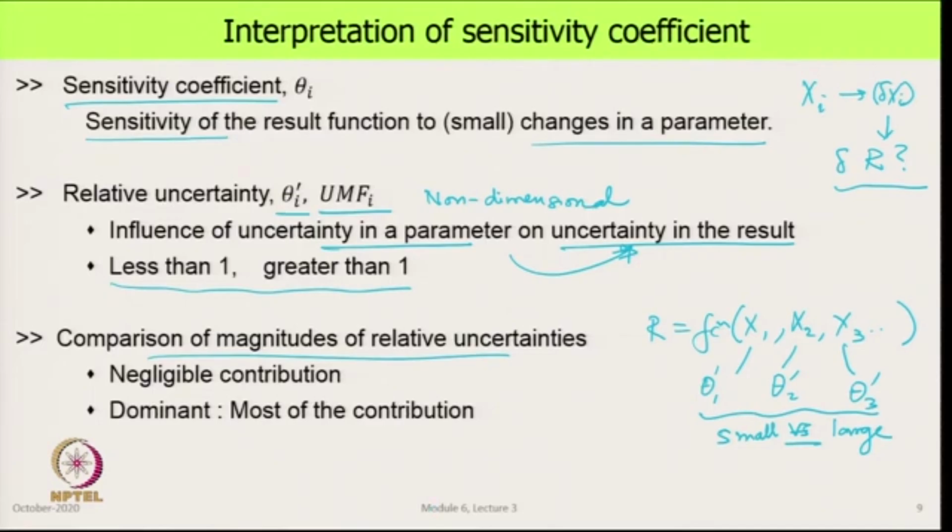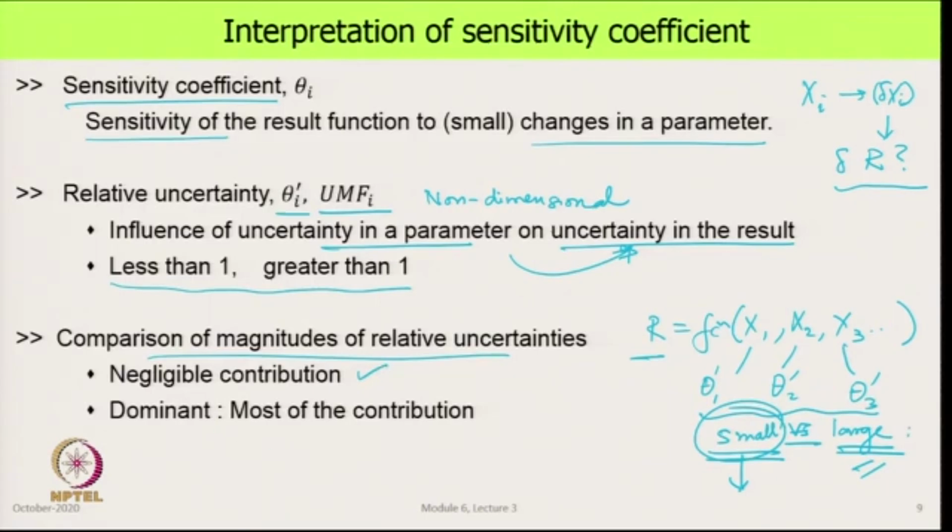The number that is large tells us that it is having a greater contribution to result uncertainty. The one which is small is not having that much contribution. And if the large one is much larger than the small one, then most of the uncertainty in the result came from the large ones, and very little came from the small ones. If you wanted to simplify the analysis, this particular variable whose uncertainty contribution was very small relative to the others could even be neglected. So, that is our first point here.